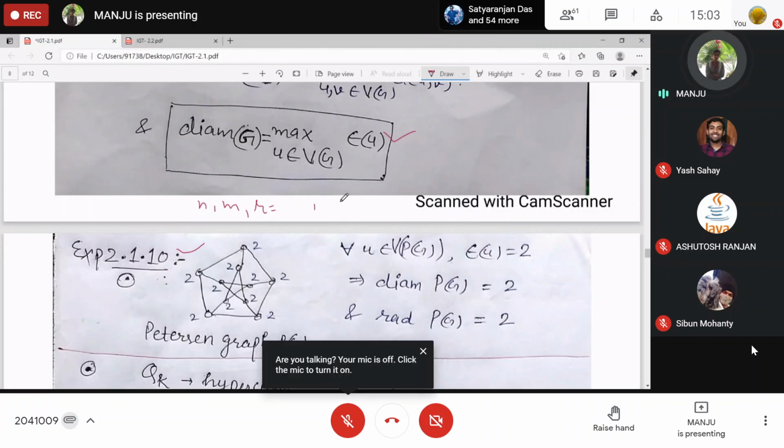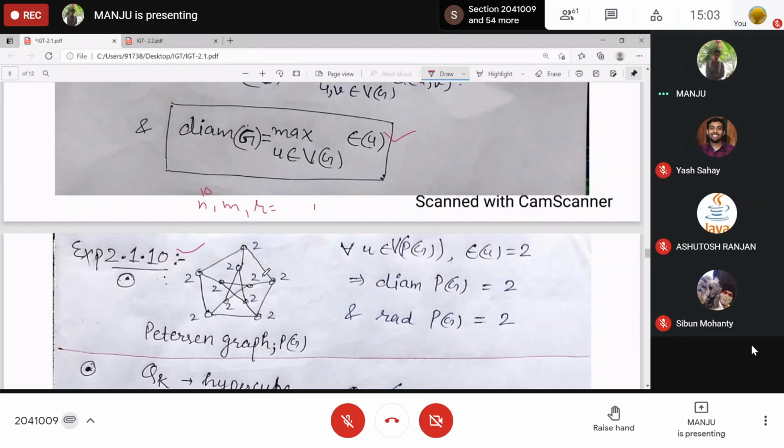Tell me the order. Order is 10. Size: 5 outside, 5 in this star, and 5 of these, so 15. Regularity: every vertex has the same degree, so this is a 3-regular graph, right? And this is connected.